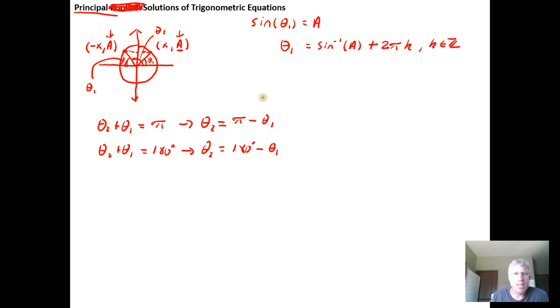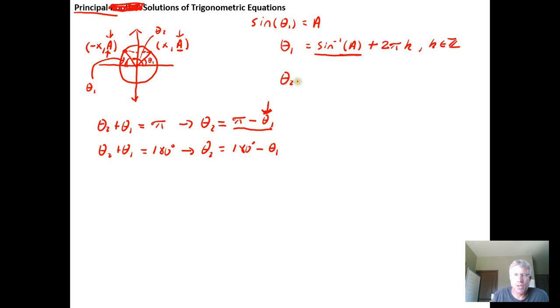So the way that we get our second set of angles that generate a side ratio of a is to take the supplement of the principal solution, theta 1, the principal solution for sine inverse of a, and then we're going to get all angles coterminal with this one by adding 360 degrees k, or 2 pi k, to this angle. So we get a second set of solutions, and they look like this.